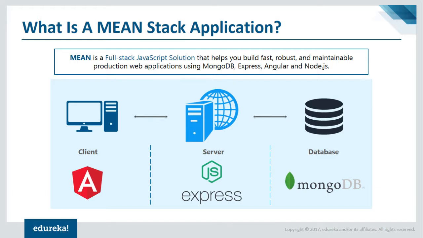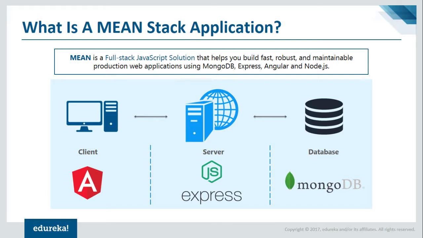So whatever requests come from the client, it would perform those actions, and at times if it needs to fetch data from the database, it would go to the database, access and get the data and send it back to the client. So that's what the whole web service architecture is like.